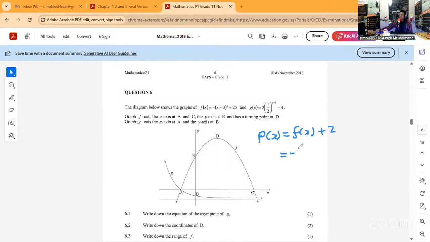What is f of x? f of x is minus (x minus 3) squared plus 25. So P of x is going to be minus (x minus 3) squared plus 27, right?